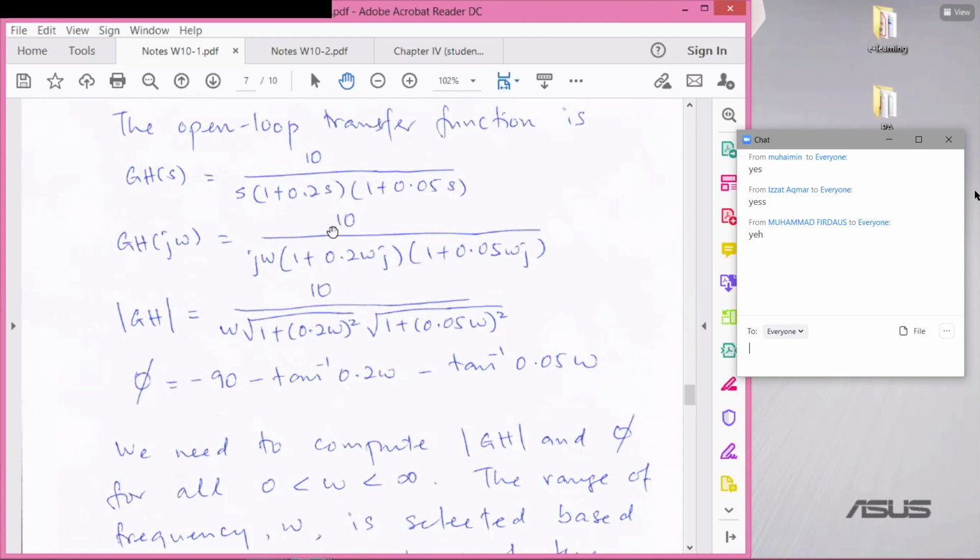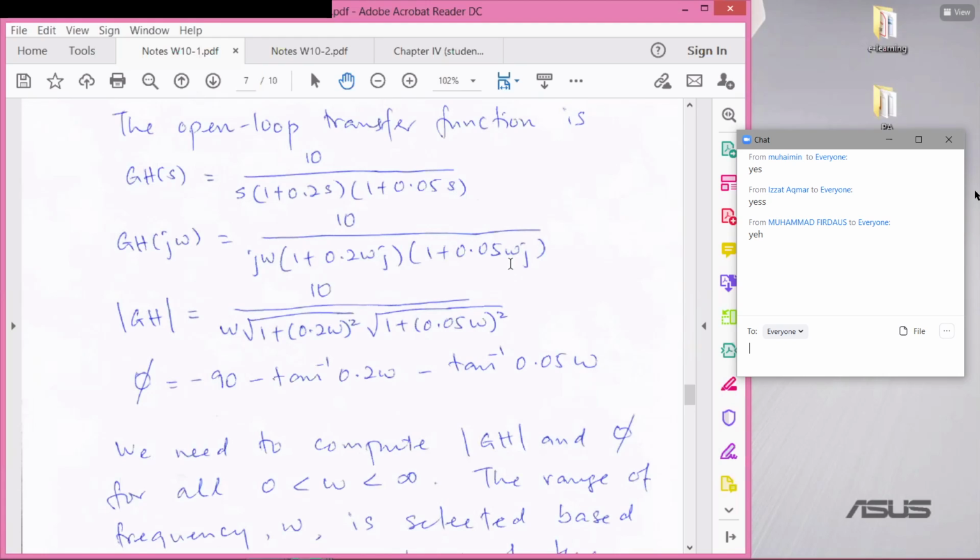The magnitude of this open loop transfer function: the magnitude of 10 is just 10. The magnitude of j omega is just omega, in the denominator, of course. For 1 plus 0.2 omega j, you have a real part and an imaginary part, so the magnitude is the square root of the real part squared, which is 1, plus 0.2 omega squared. That is the second factor in the denominator.